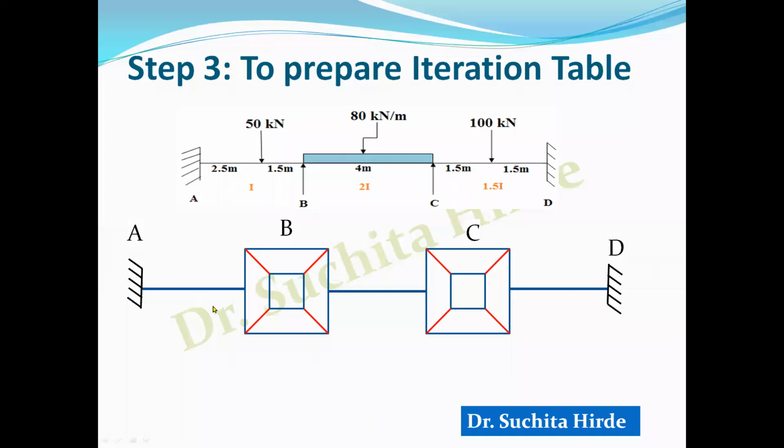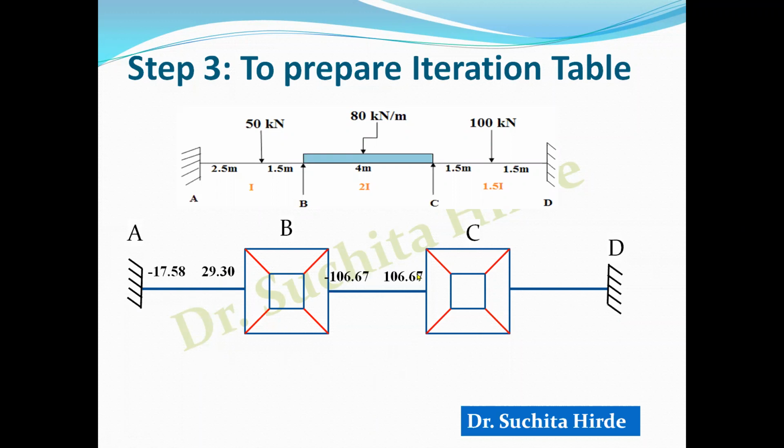I have already discussed how to prepare this sketch. And now what we are going to write here? Here we are going to write the fixed end moment above this, which we have already calculated. So here it is MFAB minus 17.58, 29.30 is MFBA.